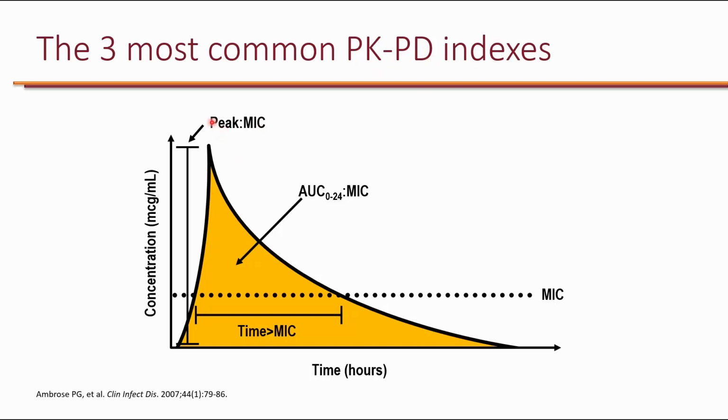So the three commonly used are the peak to MIC ratio, the AUC to MIC ratio, or the time above MIC. So when the concentration goes above this MIC concentration, it will go above and then eventually it will go down and then go below the MIC.